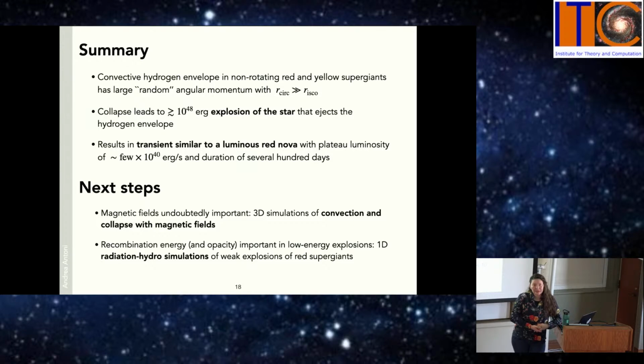But then the other thing kind of related to that is the fact that it's not really a spherical explosion, and we do have different components of velocities along different lines of sight, and they're all roughly in the hundreds of kilometers per second. But the energy of the explosion and the non-sphericity increases if I increase the resolution of my simulations and decrease the size of my accreting sink.